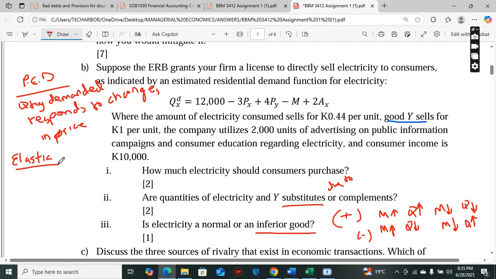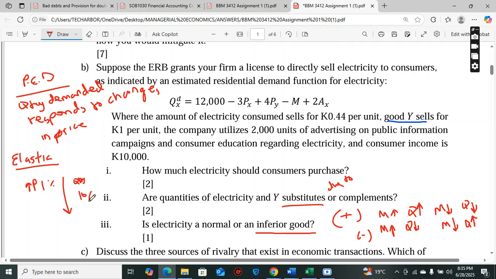Okay, meaning if you increase price even by 1%, according to the law of demand, remember when price goes up, quantity demanded will go down, right? You'll see quantity demanded drop by a big amount, let's say by 10% or even 20%.